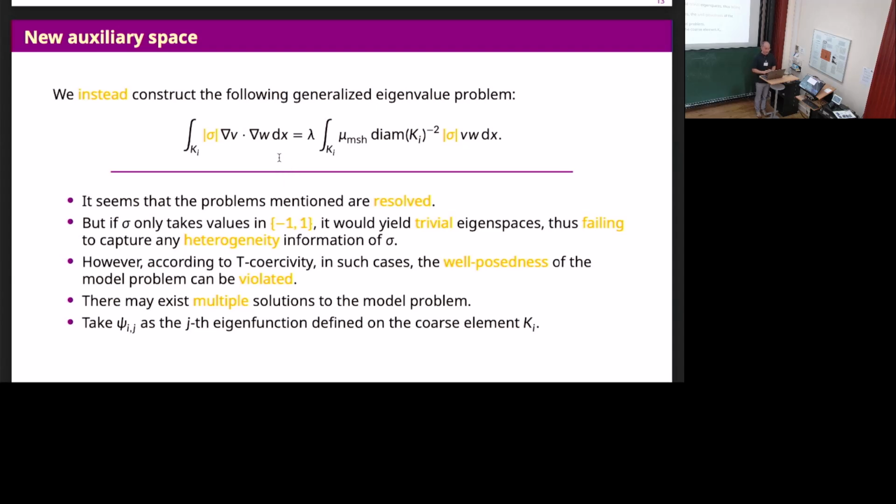So that's why, by using the absolute value of sigma, we are still able to include some of the heterogeneities in the eigenvalue problem. And then we use this notation, psi_{i,j}, to denote the jth eigenfunction of this eigenvalue problem for the coarse element K_i.